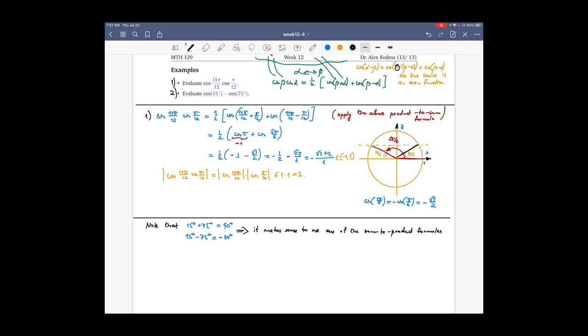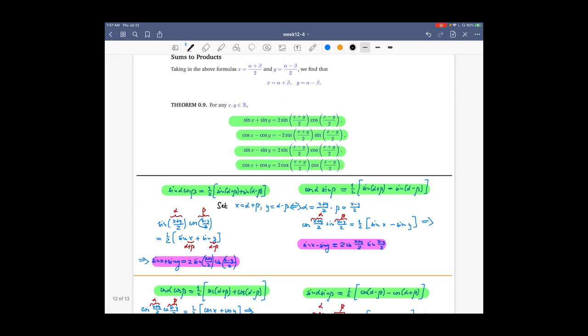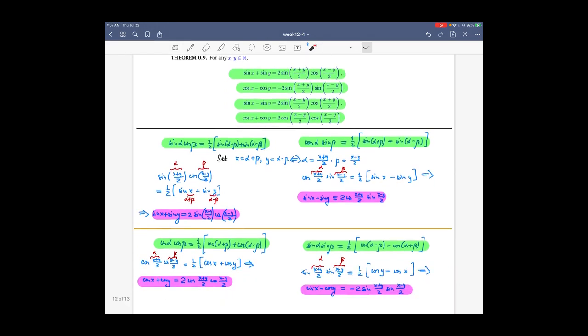Because whenever you use a sum to product formula, you will have to work with half the difference and half the sum of your arguments.